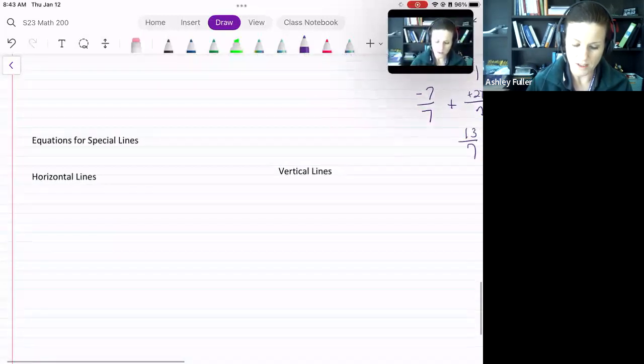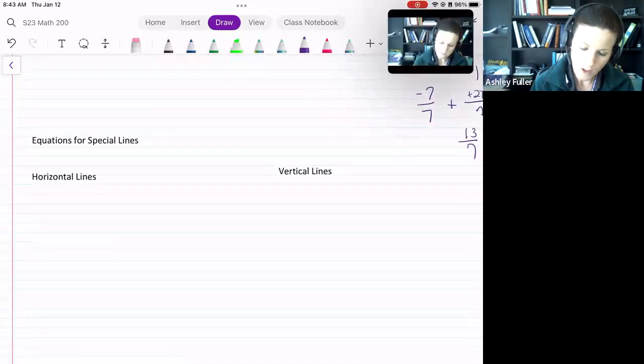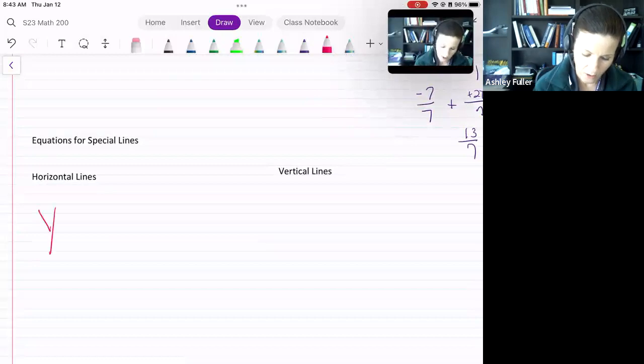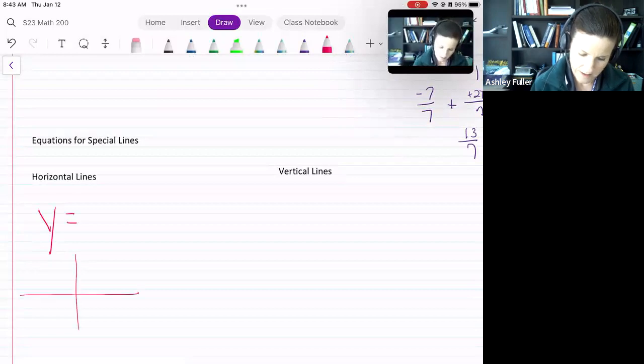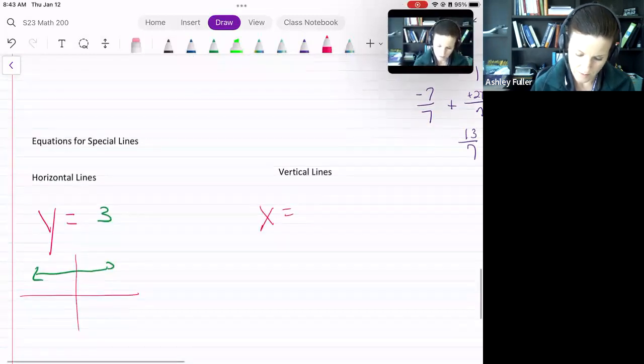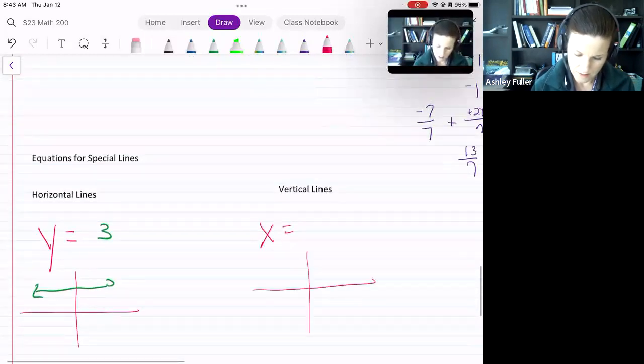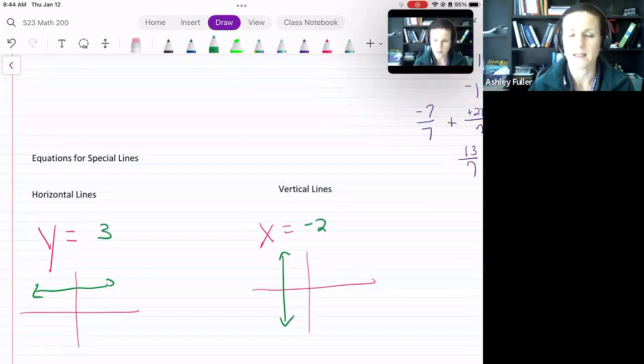Please do note equations for special lines. Horizontal lines are always of the form y equals. So for example, this line would be perhaps y equals 3. Vertical lines are always of the form x equals. So this line might perhaps be x equals -2.